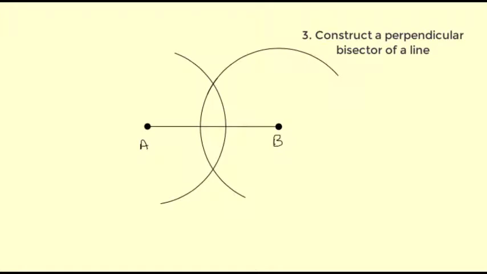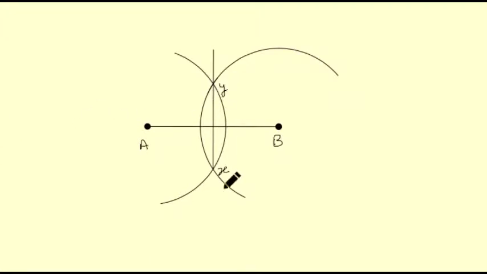Now, all that is left to do is simply connect these 2 points that we obtained as an intersection, and that is a line that we can create. So just for the sake of reference, let me name these 2 intersection points. Okay, so this is point X and point Y. All right. So this line that you obtain, XY, is perpendicular to AB and XY is a bisector.